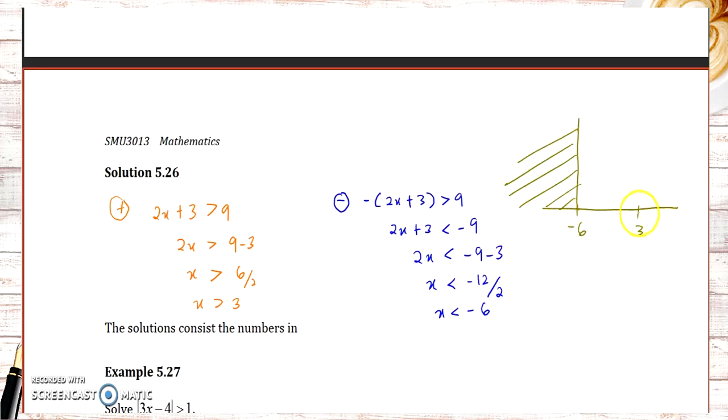And x greater than 3 is all x on the right side of 3. Therefore, the solution consists of the numbers in the interval negative infinity until negative 6, unite with 3 until infinity.